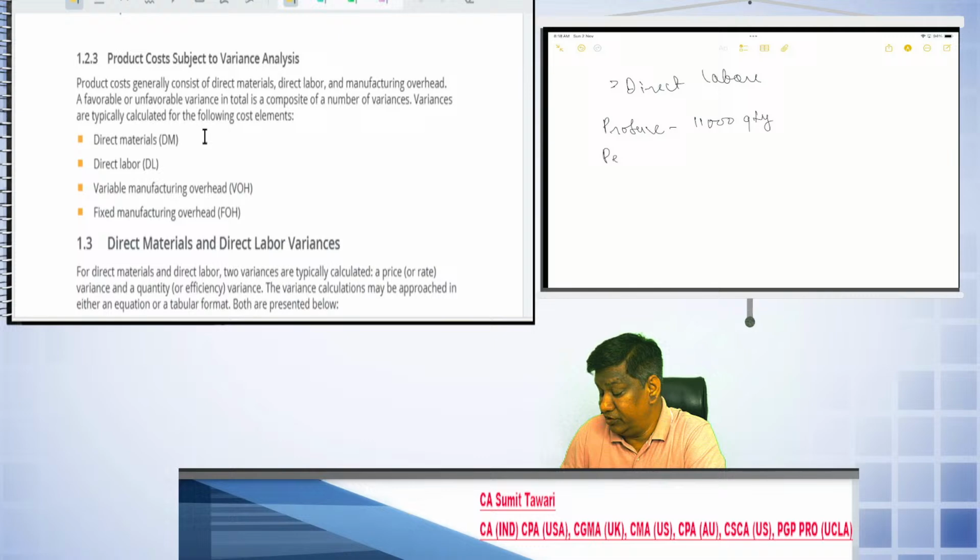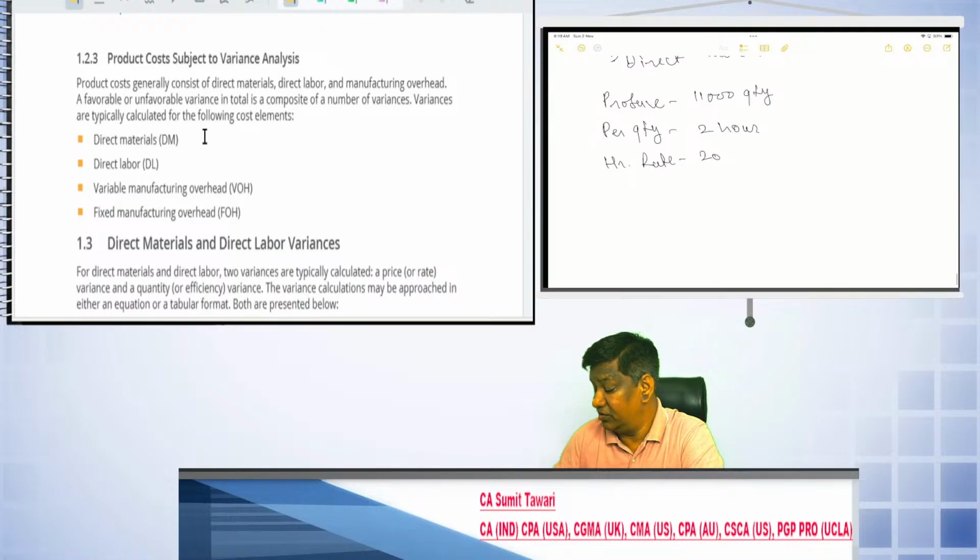Per quantity we need 2 hours, and the hourly rate is 20. So the cost is 44,000. So it is basically 44,000 total standard cost.